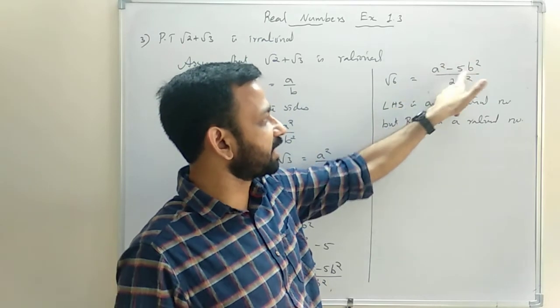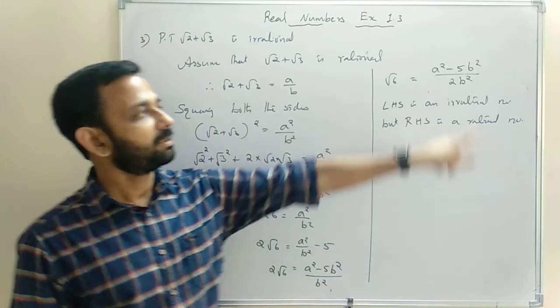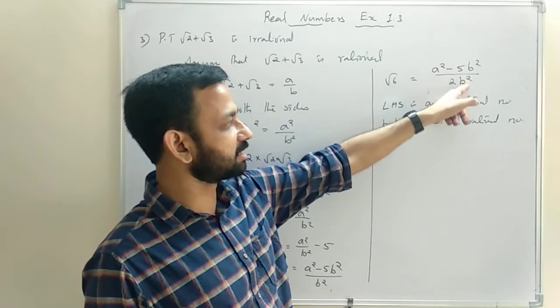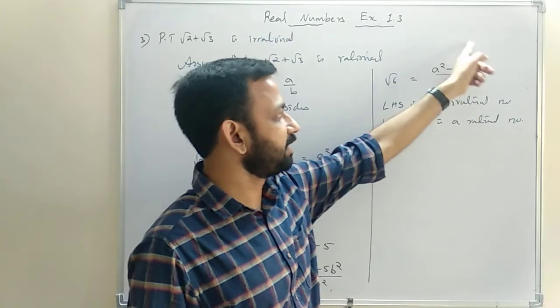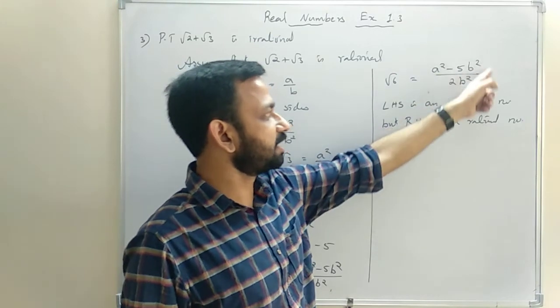Integer minus integer, again an integer, so the numerator is an integer. Then b is an integer, b square is an integer, integer into 2 is an integer, so integer divided by integer is a rational number.